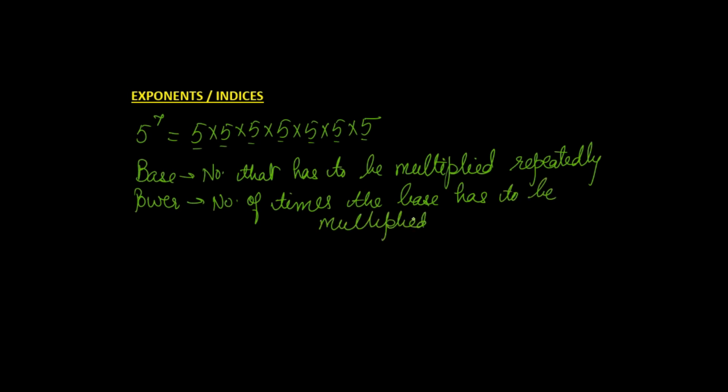So base tells us the number that we will be multiplying repeatedly, and power tells us the number of times the base has to be multiplied.